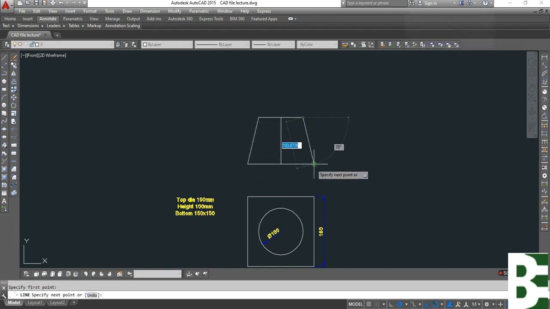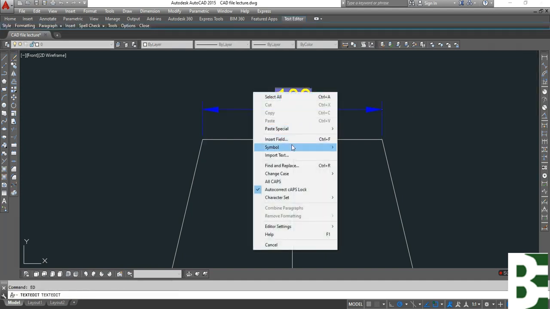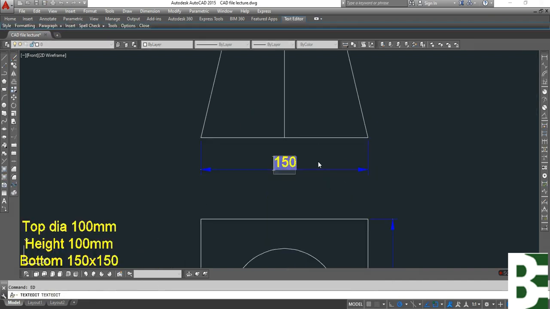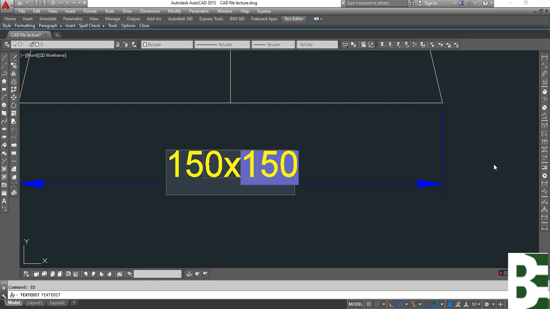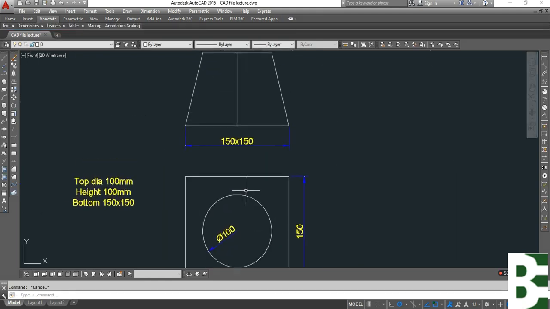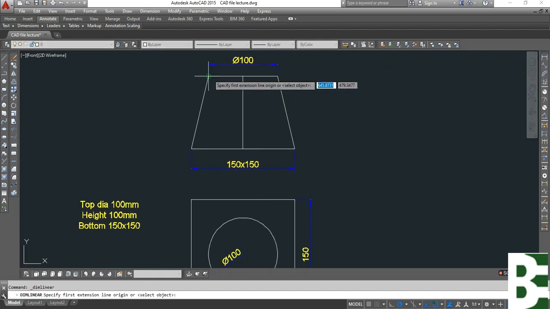This is my side view of the transition, from the bottom and from the top. This is my dia, so I will add the dia symbol, and from the bottom it's 150 into 150, for better understanding. And the height is 100 millimeter.